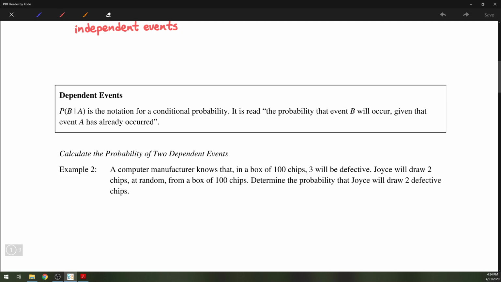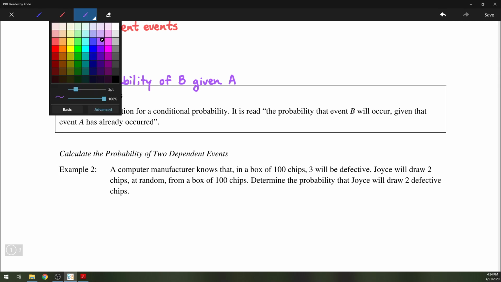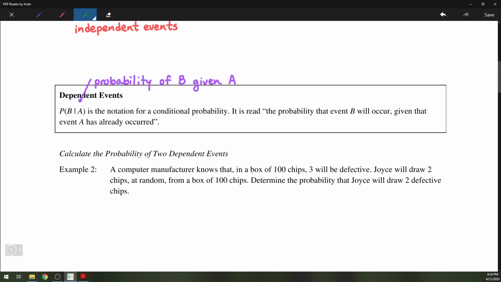So we can see here we have the probability of B given A. This is once again read as probability of B given A. In other words, the probability that B will occur given that the event A has already occurred.